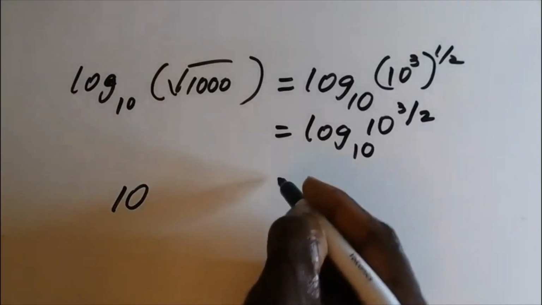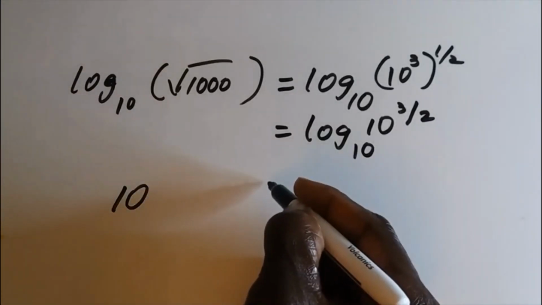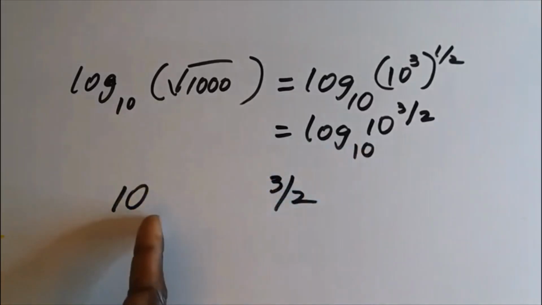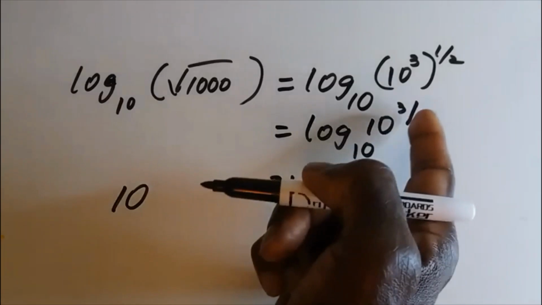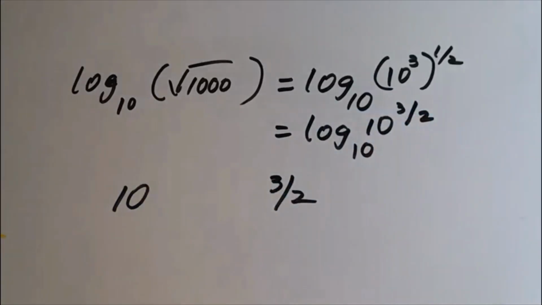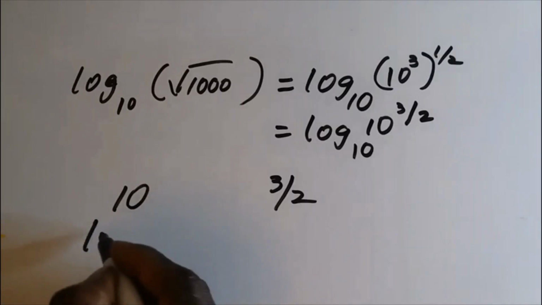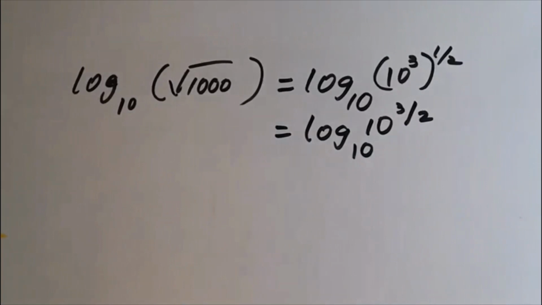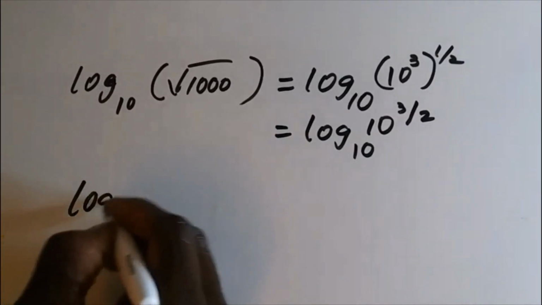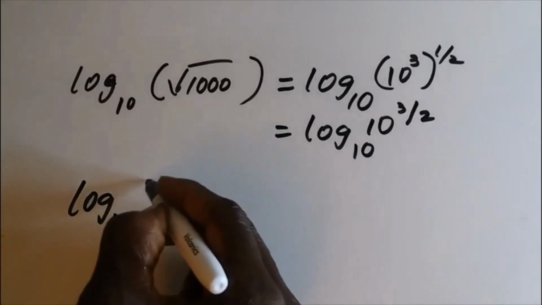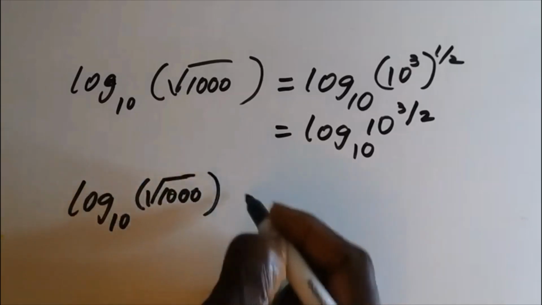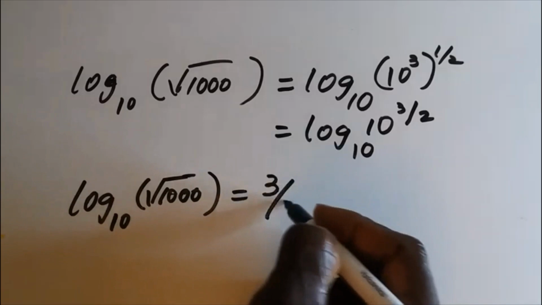Our only answer is 3 over 2. We must raise the base 10 to the power 3 over 2 to get 10 to the 3 over 2. So log base 10 of root 1000 is equal to 3 over 2.